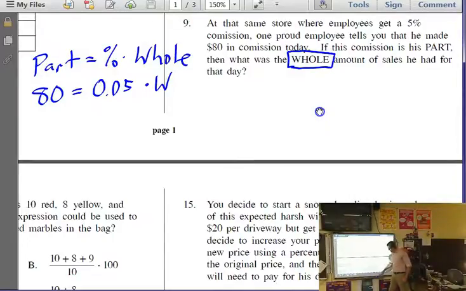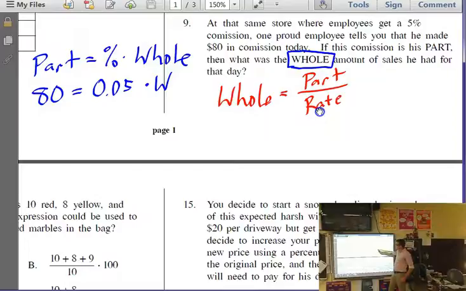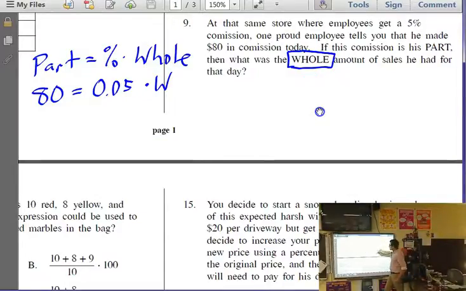So now, to get the whole value by itself, and I actually gave you this formula in class, the whole amount will be the part divided by the rate, which is really just the decimal form of the percent. So I already have my decimal form of my percent. I just divide by the 0.05, and that will give me his total sales.